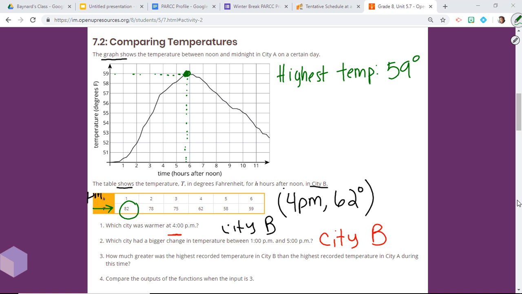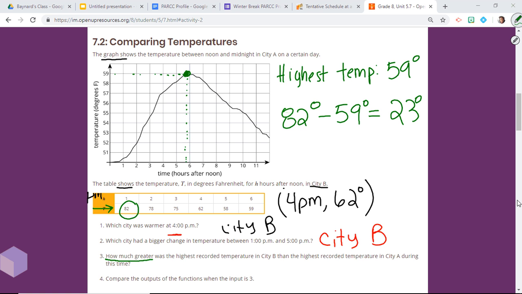So how much greater? So which means we actually have to compare. So we need to find a number. So it's not enough just to say that City B has the highest recorded temperature. We need to find how much greater. So we're going to take City B at 82 degrees, and we're going to find the difference between City A and City B. So we have 82 degrees minus 59 degrees, and that is 23 degrees.